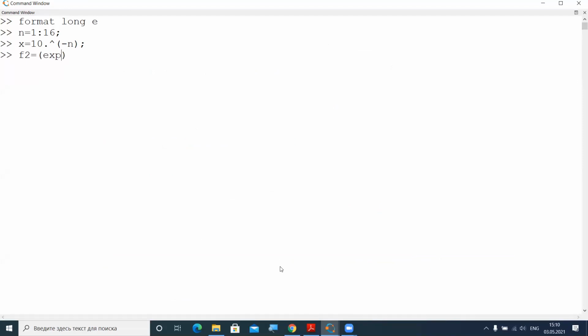Exp, yeah, we write exp of x minus 1 and the point division over x. Okay, now the new function f2 underline. So how can we write here f2 underline?